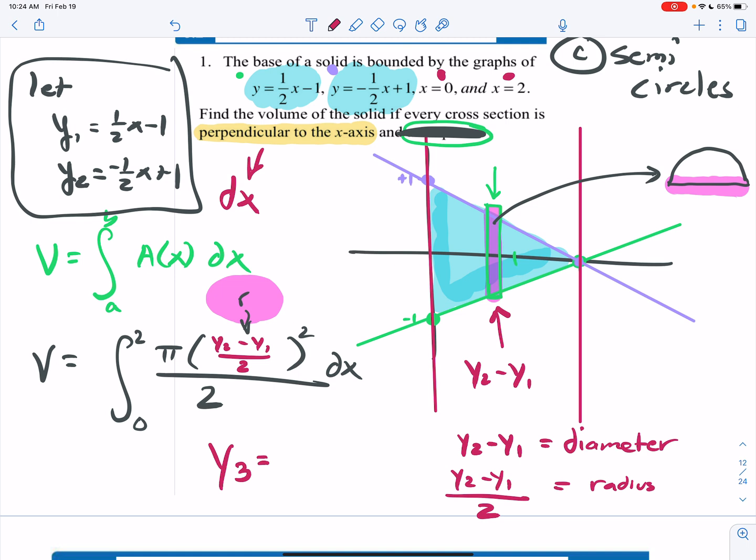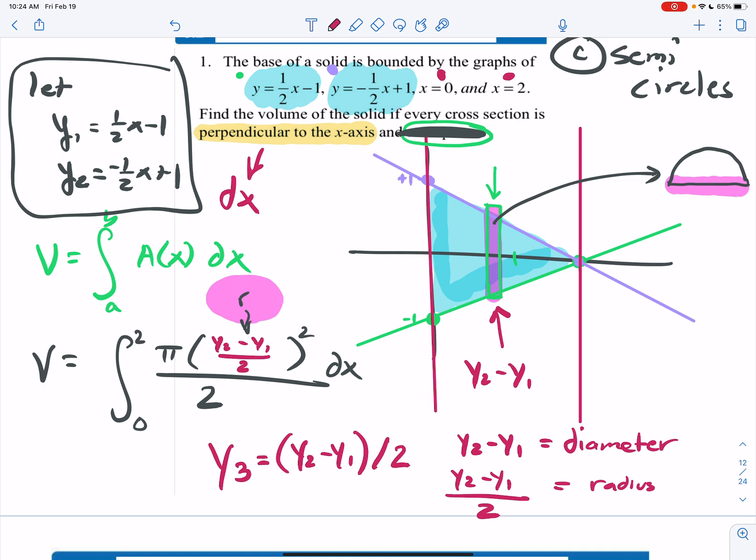And here's what you're going to type. y3 is going to represent our radius. So we're going to type parentheses y2 minus y1 closed divided by 2. Okay, and I'll show you how this is beneficial. Some of you may have already seen it. So we're going to write parentheses alpha trace y2 minus alpha trace y1, close it, divided by 2. So right now on your calculator, y3 represents our radius, okay?